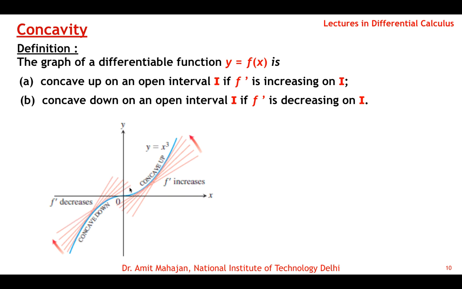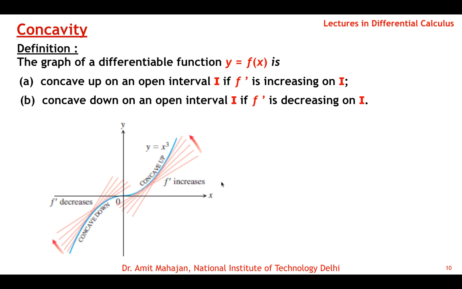So if slope is decreasing, then we say that the graph is concave down. So this graph is concave down. On the right side, at this point the slope is here, and as you move towards right, the slope becomes here. So the slope is increasing, and if slope is increasing, then we say concave up. So this part of graph is concave up.